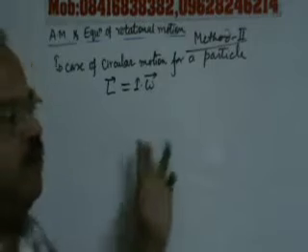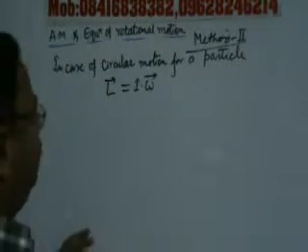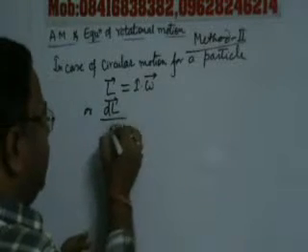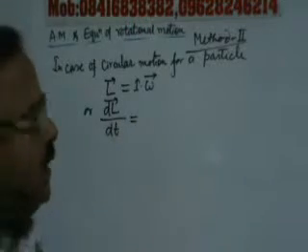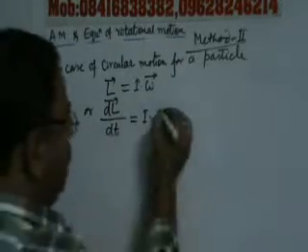This angular momentum is given as I into omega, so dL by dt can be written as I into d omega by dt.